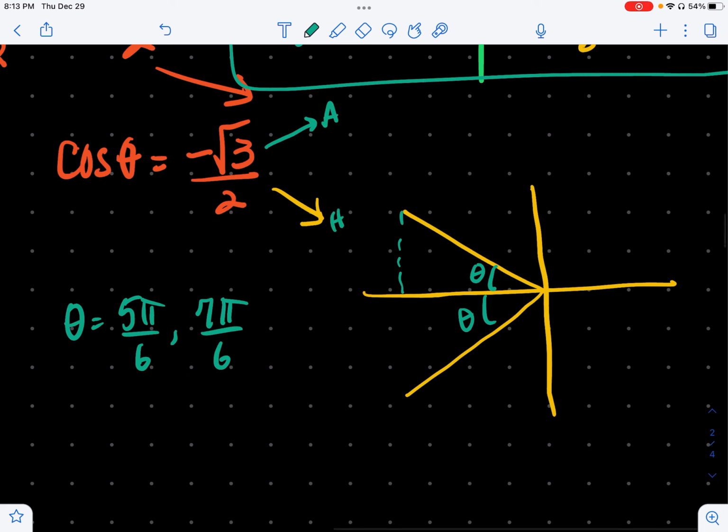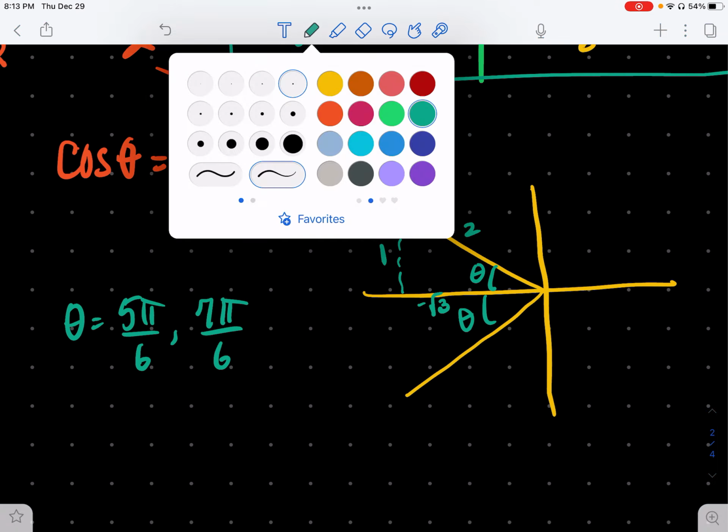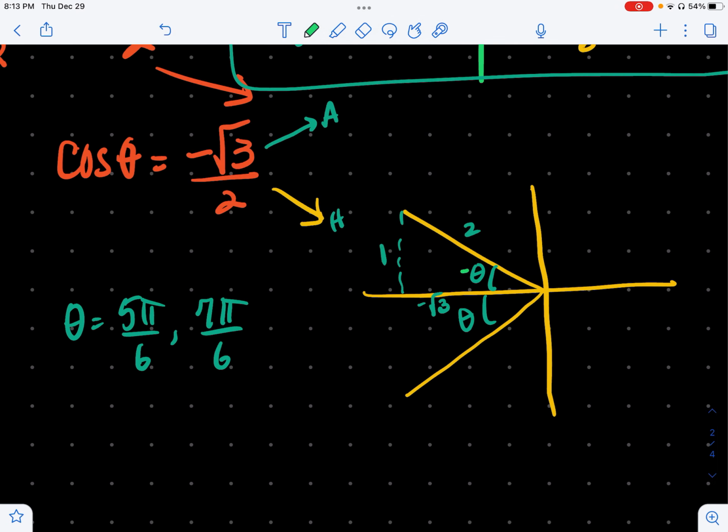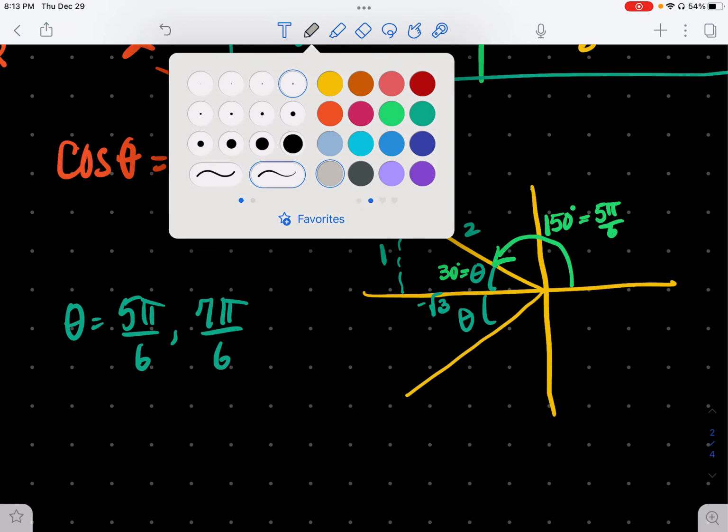So adjacent is negative root 3, hypotenuse is 2, and hence this will be 1, which helps you determine that this reference angle would be 30 degrees, which means the angle would be 150 degrees, and the equivalent of that in radians would be 5 pi over 6. And that's how we get this first answer. I've shown you both ways, if you're following along with the video.